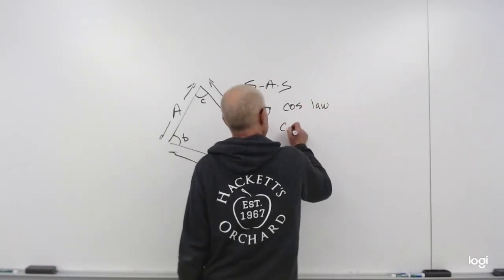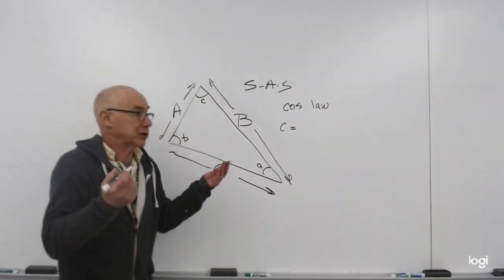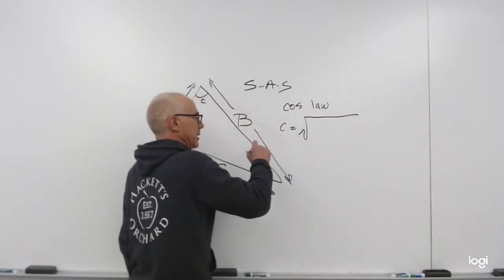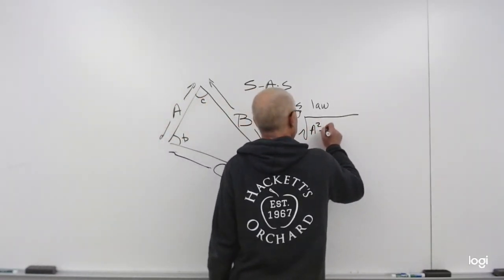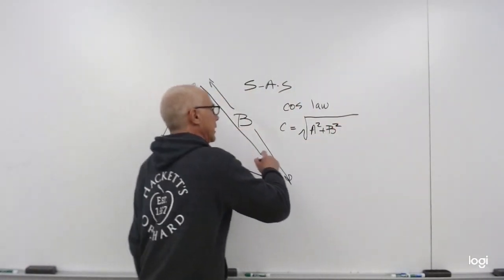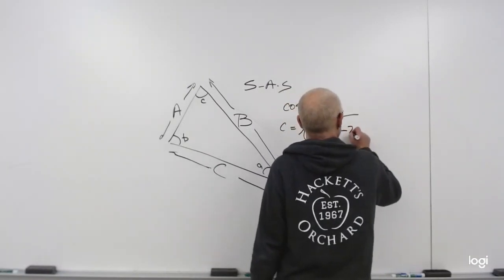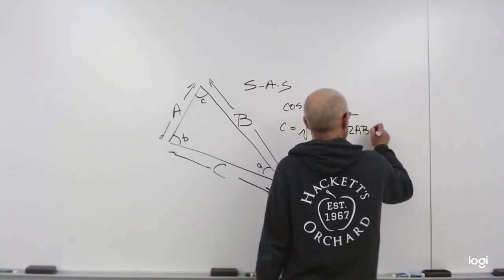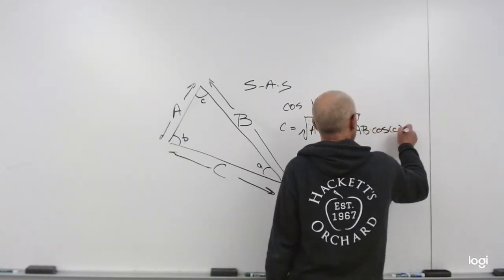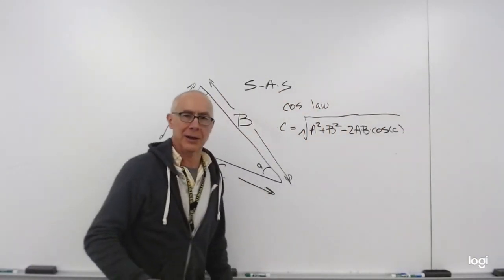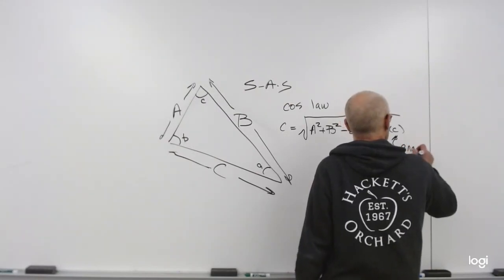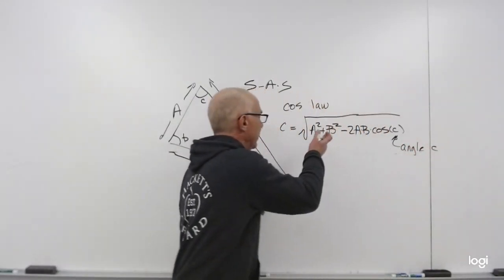The cosine law says that C, uppercase C, equals A squared plus B squared, in other words the square of this length plus the square of that length, minus 2AB times cos C. And that C is a lowercase c, that's the angle C. So we can use this function.